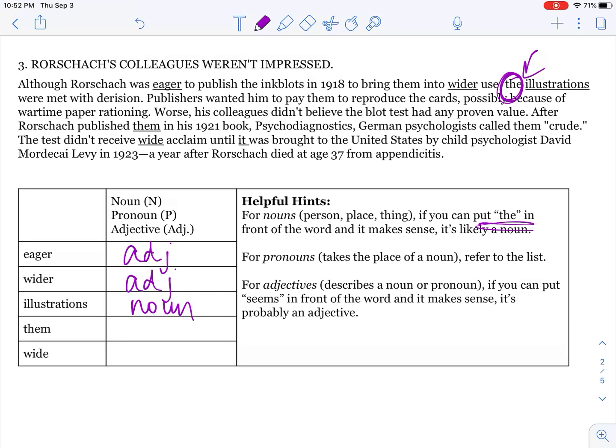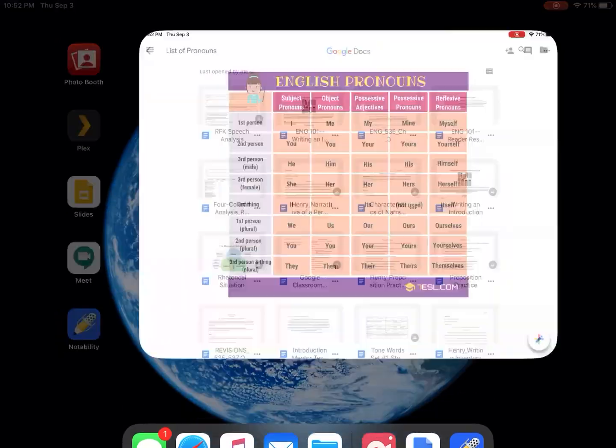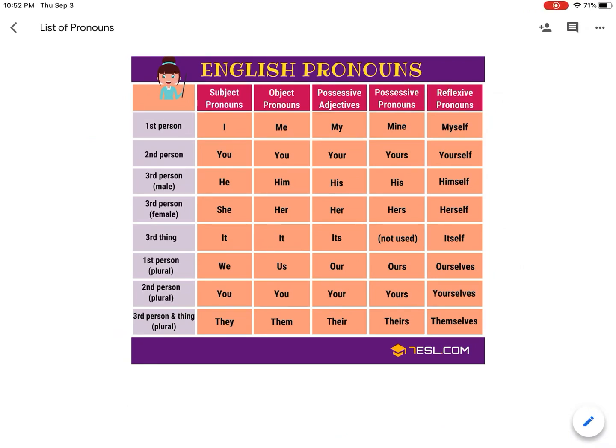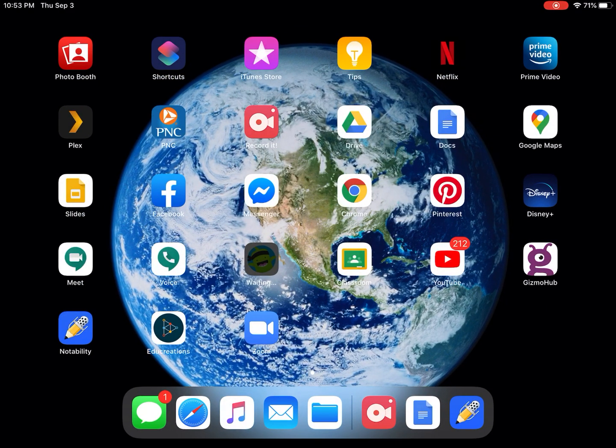Okay, so we've got them, which is after Rorschach published them. So he's talking about the test or the images. So them is taking the place of the noun. So this is talking about the inkblot test. Okay, so that's a pronoun. And it's on the list. Them. It's the last one in the second column.